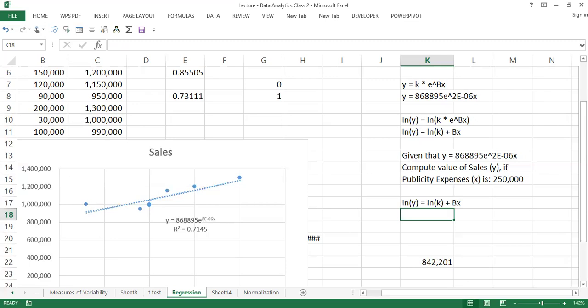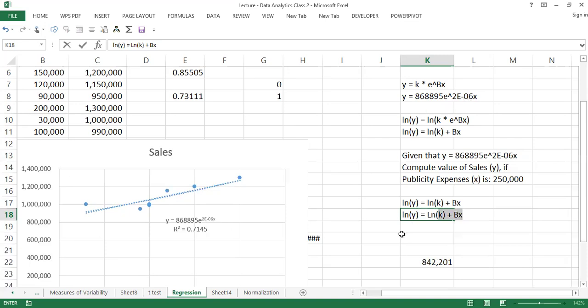Therefore, ln of y is equal to ln of k, which is this 868895, while b is this 2e exponential minus 6.